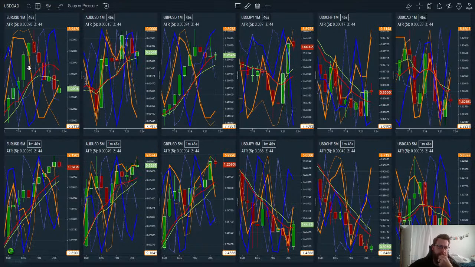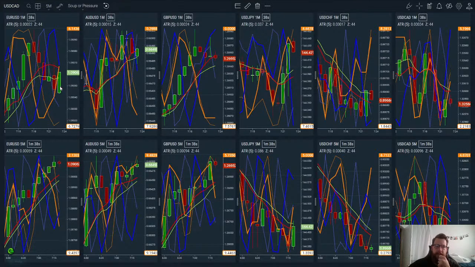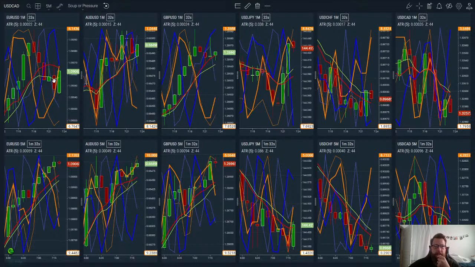Ideally, the perfect setup is this keeps going for a second, or at least stays underneath this pressure long enough to where there's a cross with these two, so the green is on top. And right when that happens, or just after, the price action crosses back above this pressure.